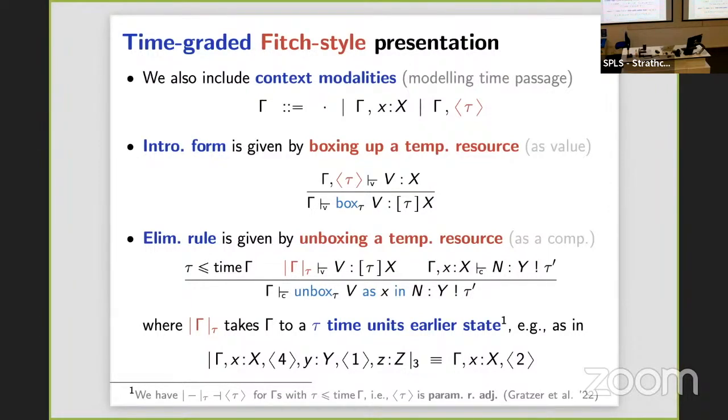If you look at what it does on a concrete example, if we have this context, and as I said, you should read it from left to right. So X was brought into scope, then 4 time units passed, then Y was brought into scope, another time unit passed, and then Z was brought into scope.